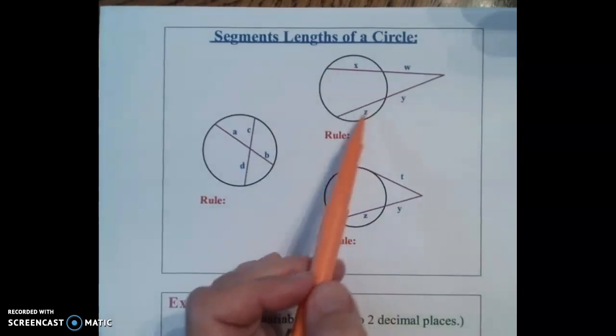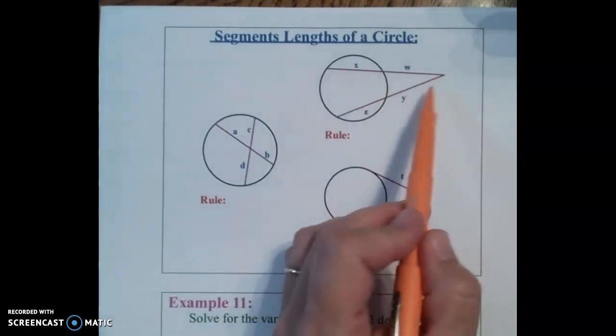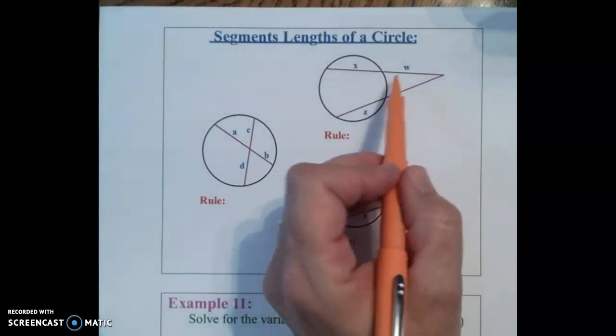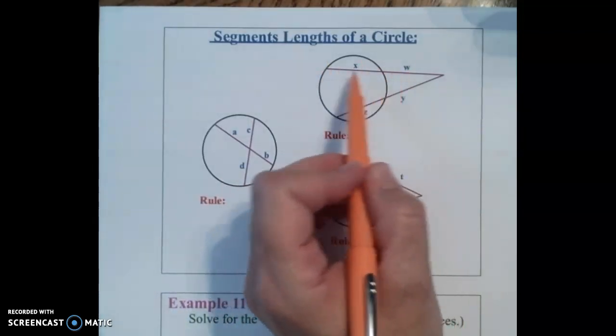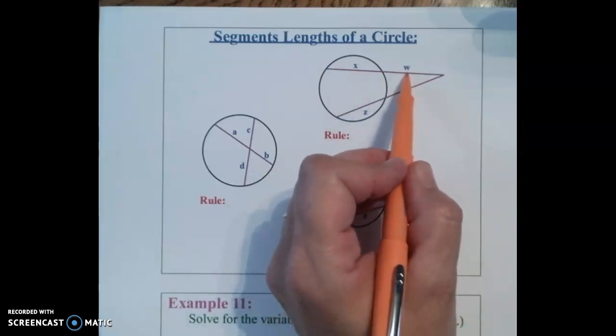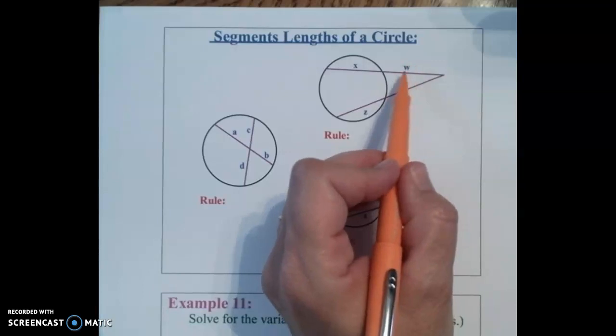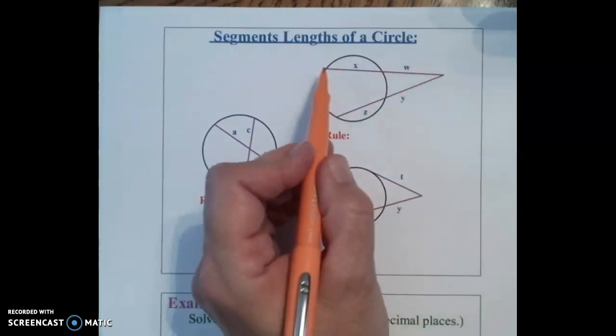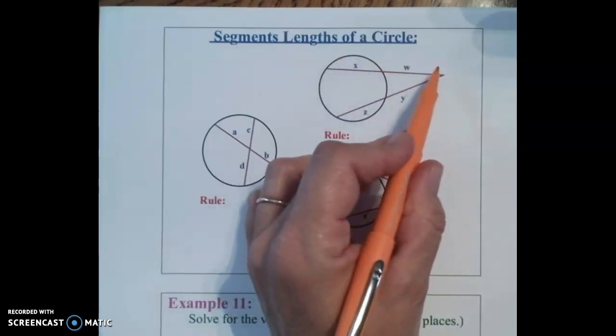So in this first example, we have our two secants cutting through the circle, and it creates pieces of the segment basically that I call outside of the circle. So W is outside of the circle, the length of this piece. And then we need to look at the length of the whole segment.